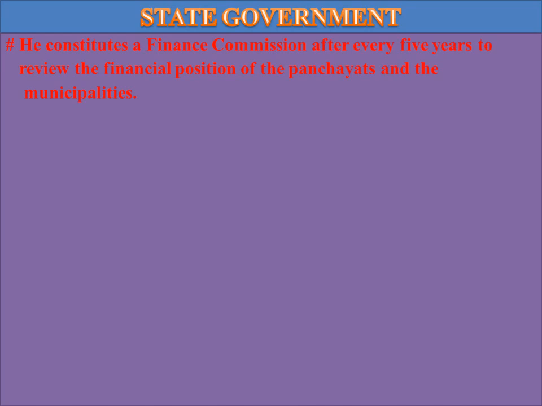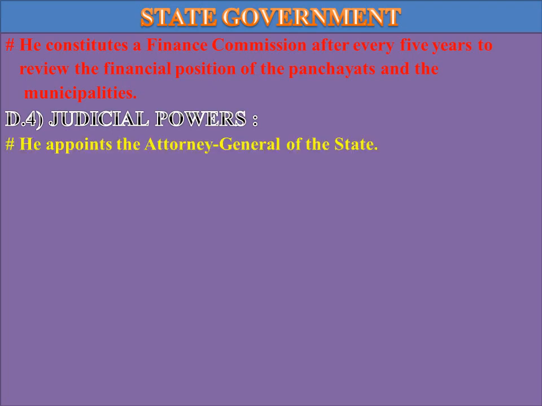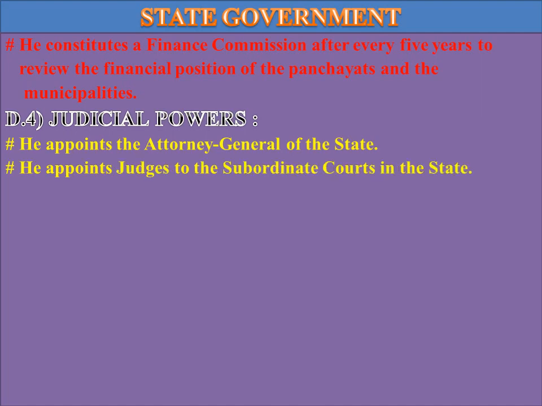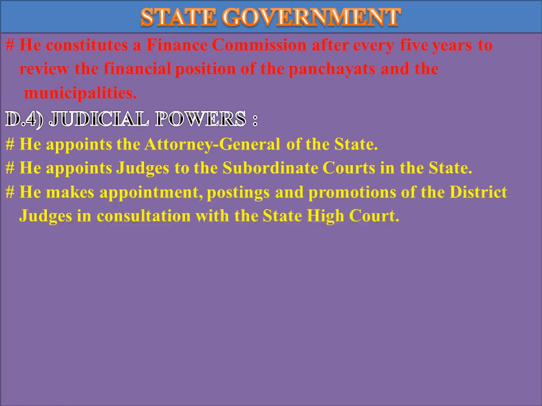The next power of the governor is judicial powers. He appoints the advocate general of the state. He appoints judges to the subordinate courts in the state also. He makes appointments, postings, and promotions of the district judges in consultation with the state high court.